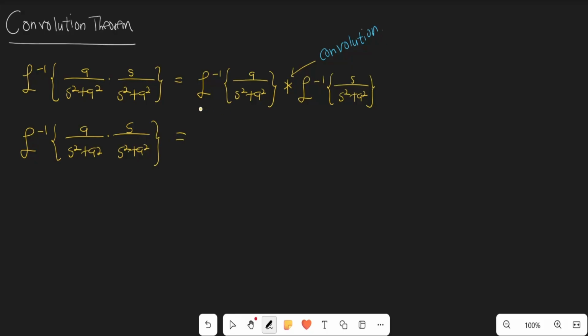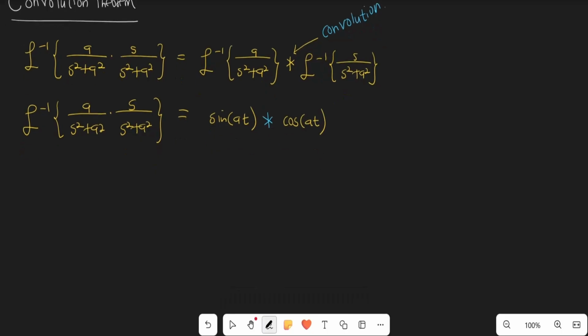This is equal to the Laplace inverse of this one, which is sine of at, and this is convoluted, not multiplication, with the Laplace inverse of this one, which is the cosine of at. So remember, this one is not the normal multiplication. How to pronounce that: sine of at convoluted with the cosine of at.